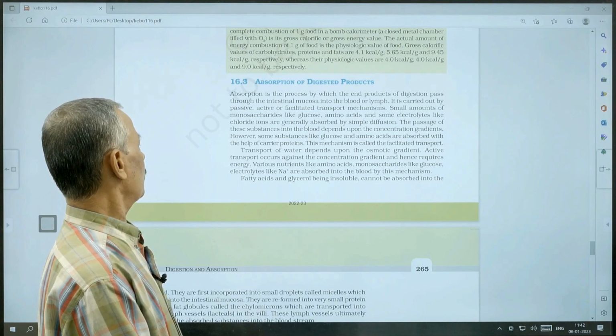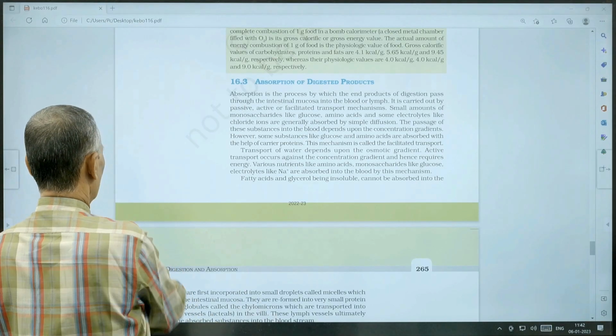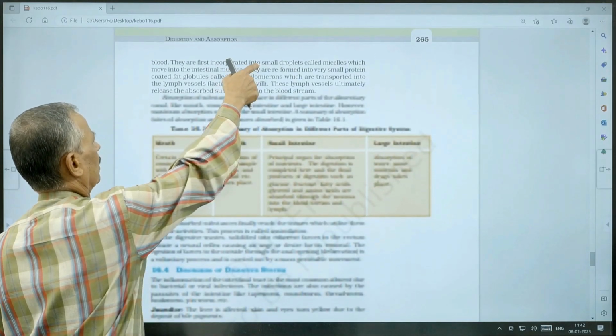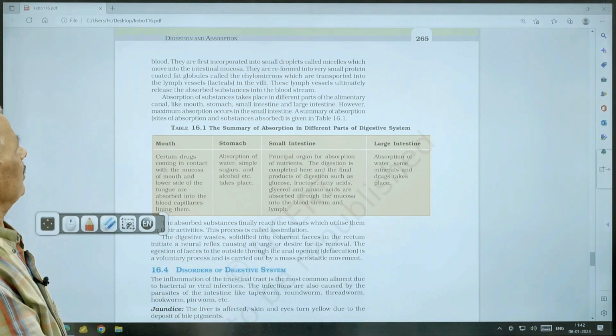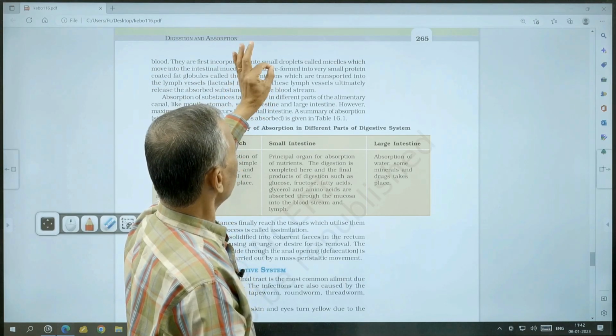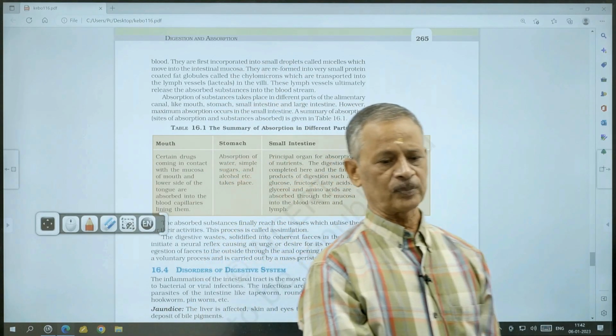And what about the fatty acids and glycerol? As I told you, they are immiscible with water and cannot be absorbed to the blood directly. They are first converted into small droplets called micelles with the help of bile salts.